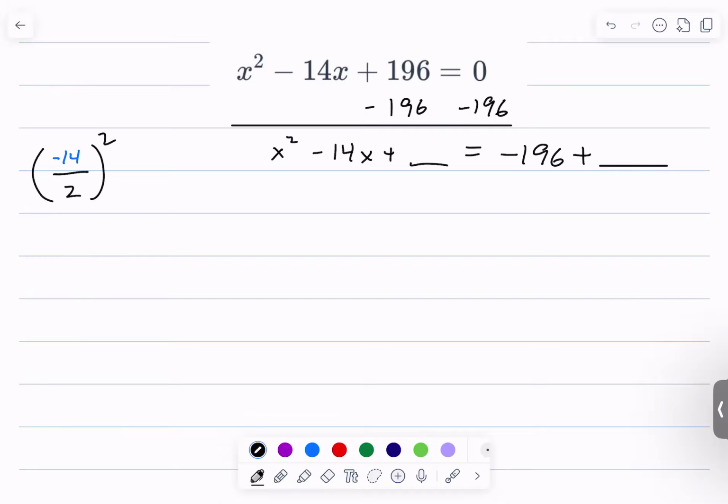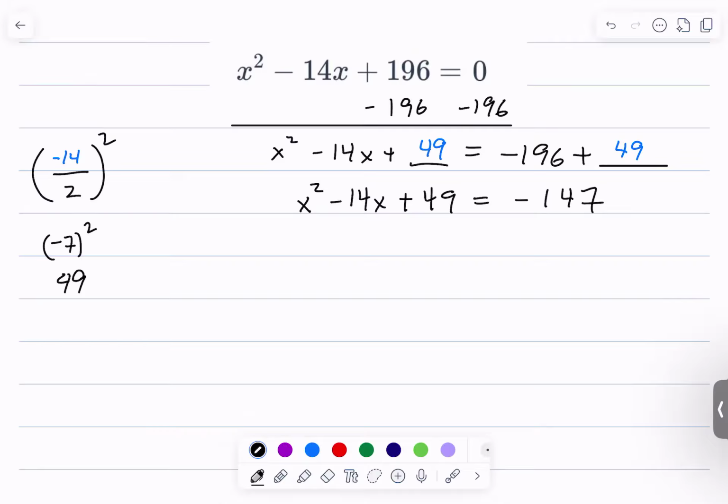When we half it, that's negative 7. When we square it, that is 49. So I'm going to add 49 here and here. So we're going to have x squared minus 14x plus 49 equals negative 147.